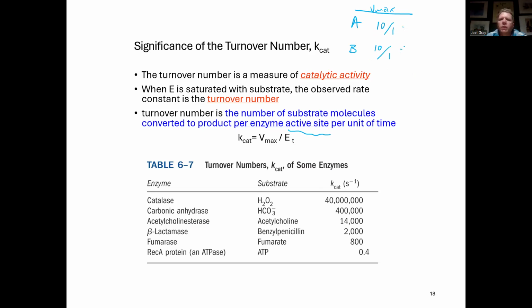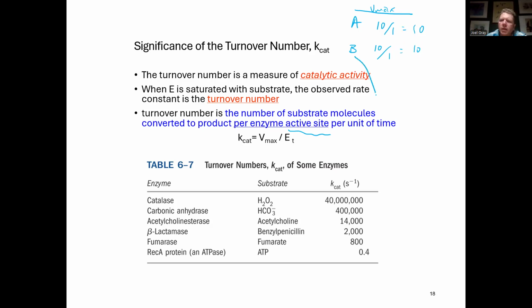So on the surface, you'd say, okay, we've got our maximal velocity of 10 per individual enzyme, so each of these has a kcat of 10. Makes sense. Well, here's where it gets complicated.